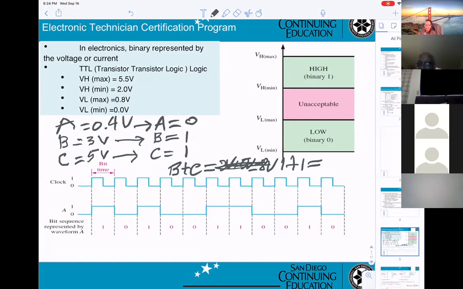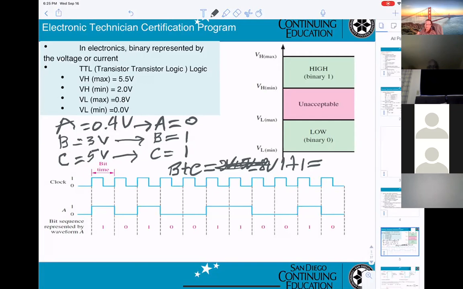And this is what they call TTL logic, transistor-to-transistor logic. However, later on you can get another type of IC. They call it CMOS, built with JFET.